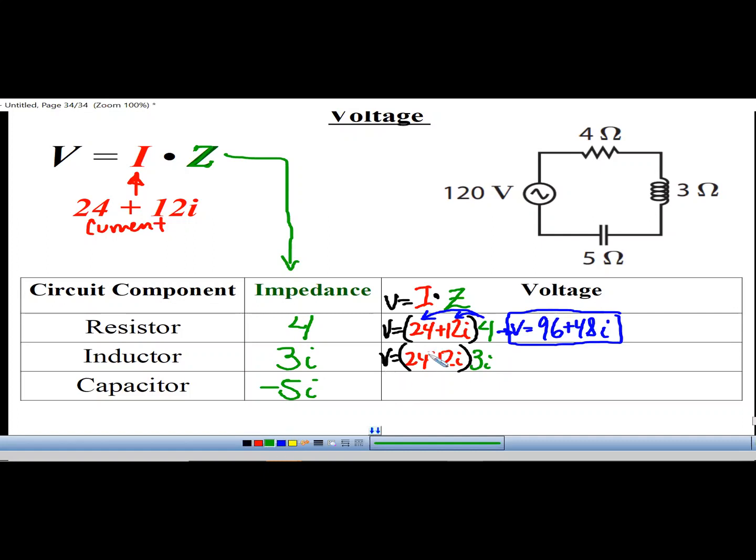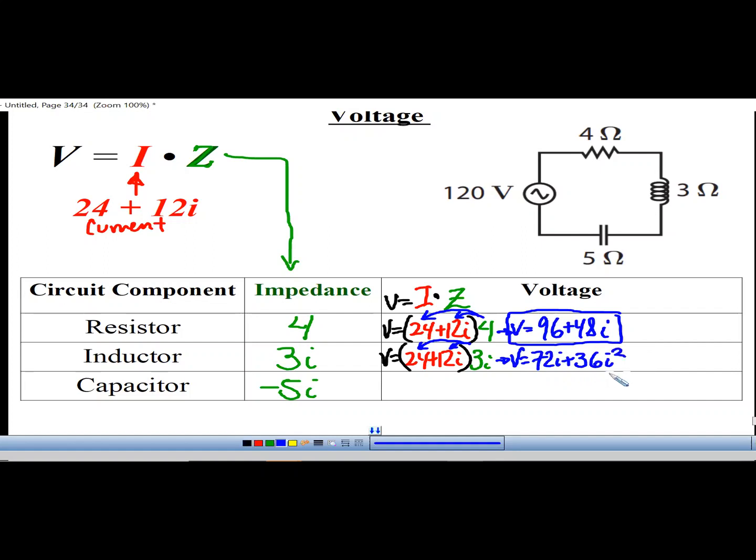All right, let's distribute that. 3I times 24 is 72I. V equals 72I. And then 3I times 12I is positive 36I squared.